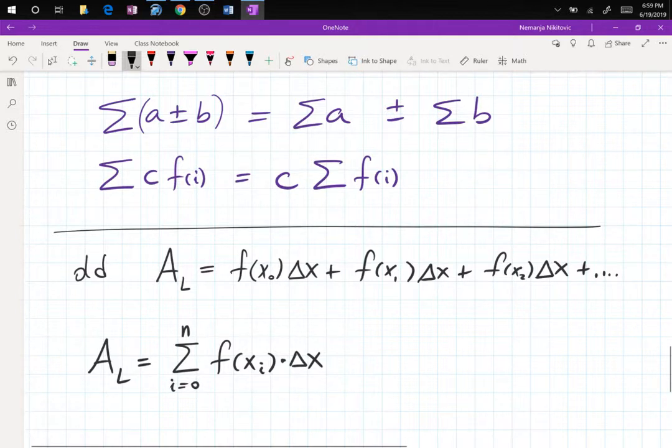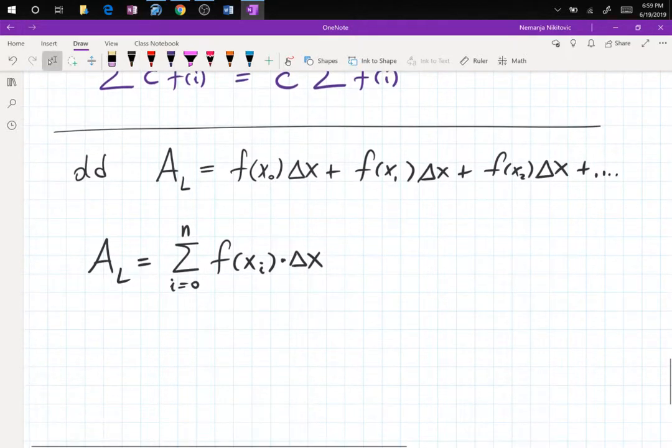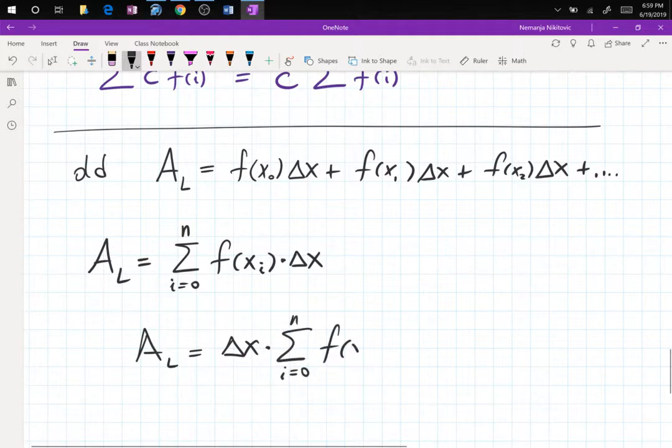And by the second rule up there on the top, we know that delta x is some kind of constant, and you can kick that outside, which gives us the compact formula. Area of the left points is delta x times the summation, i goes from 0 to n, of f of xi.